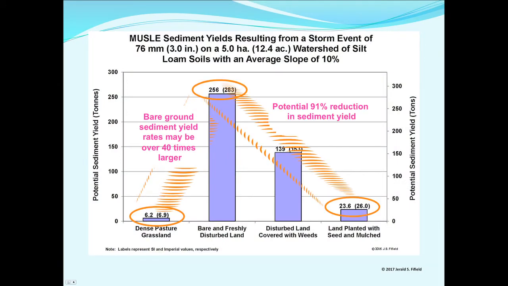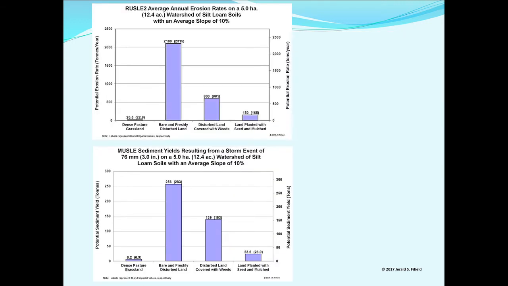But again, look what happens. 91% by this calculator per one storm event. If you compare the two, they look kind of the same, don't they? They have the same ups and downs and bumps and everything. The bottom one looks a little bit different than the top one.